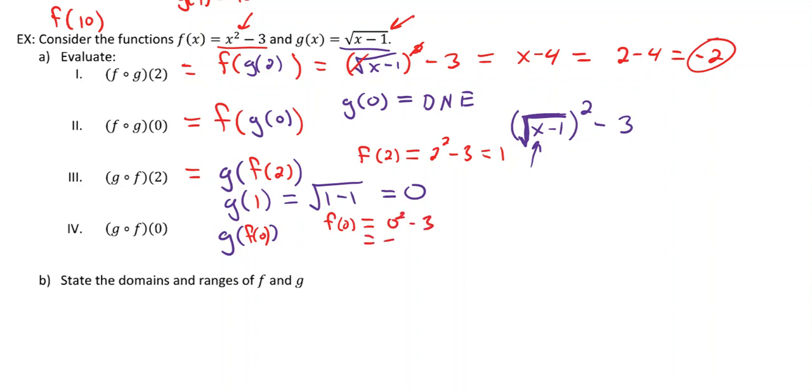Okay, so f of 0 is equal to negative 3. So the question becomes, what is g of negative 3? That would be the square root of negative 3 minus 1. So square root of negative 4 does not exist, right? Can't do it.